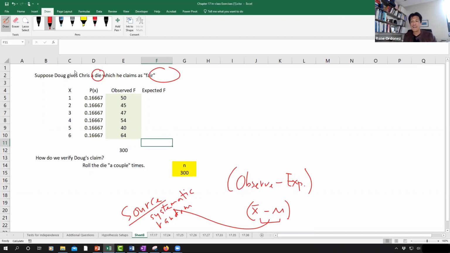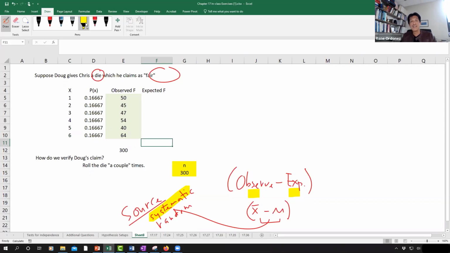Okay? So in our hypothesis testing, anytime we reject the null hypothesis, what we are really saying is that the source of the variation between what we observe and what we expect is something more systematic, meaning we can explain it.